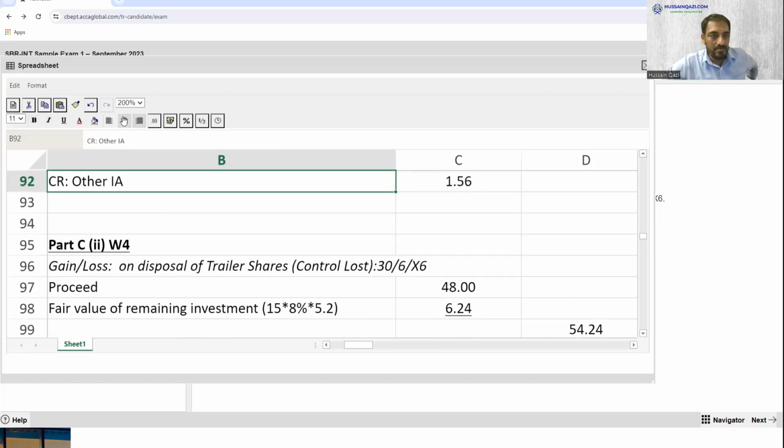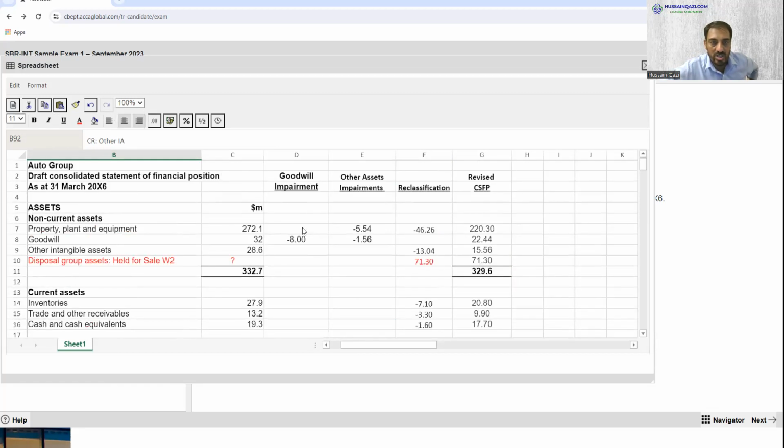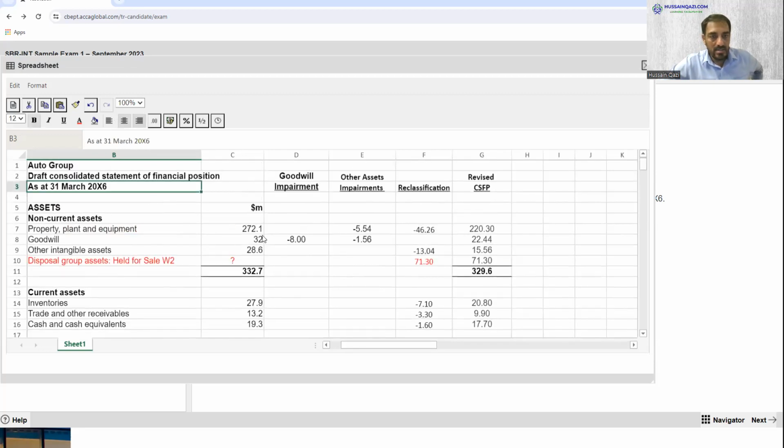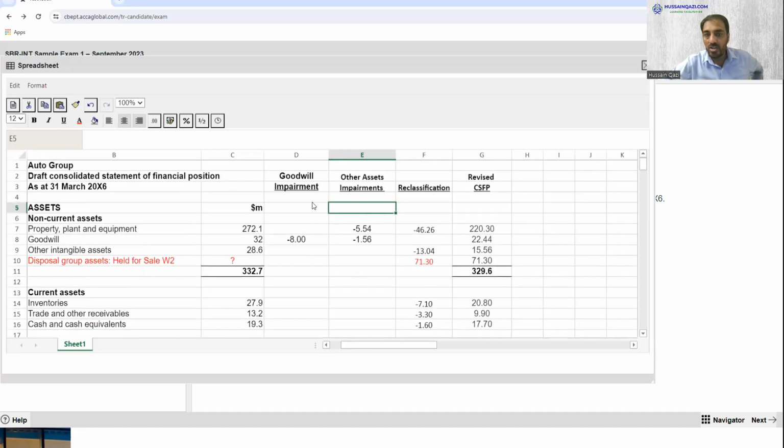So that's all about part C. Don't worry, you will get all the solutions, including the suggested answer PDF, suggested answer PowerPoint slides, plus this spreadsheet working as well in an Excel sheet. So should we enter the working name with these columns?